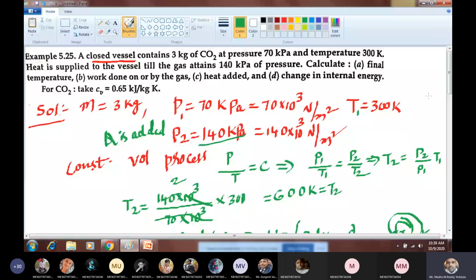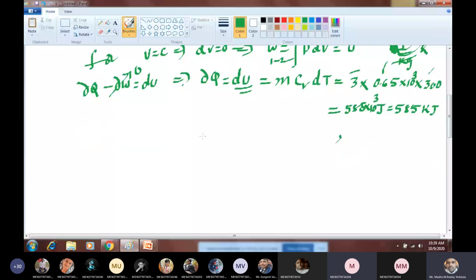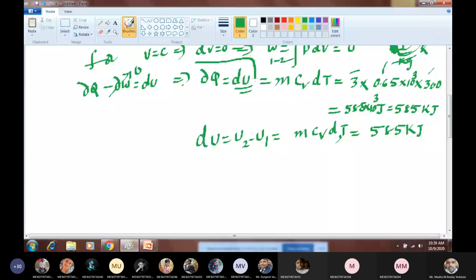Now, the change in internal energy. What is the change in internal energy? M CV dT. Very good, the same value. dU is equal to U2 minus U1, which is equal to m into CV into dT, what we calculated. So 585 kilojoules means for a constant volume process, heat added is equal to the change in internal energy.